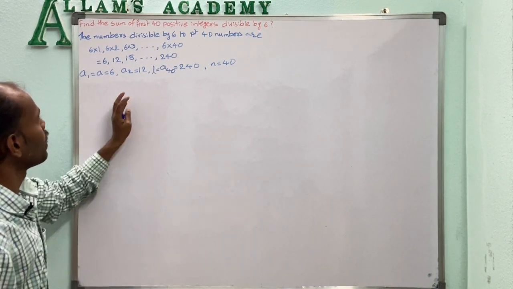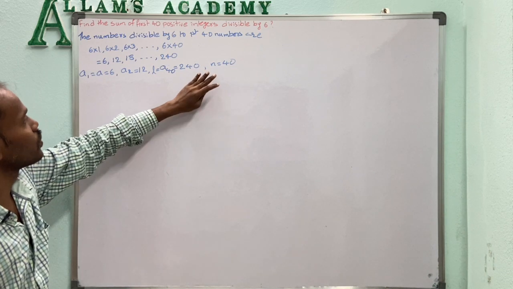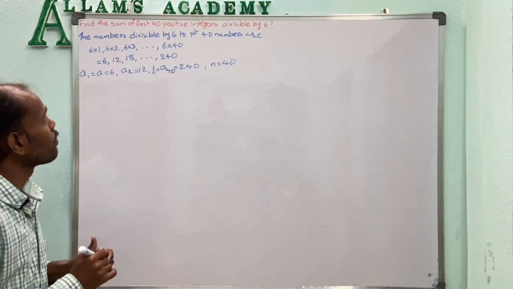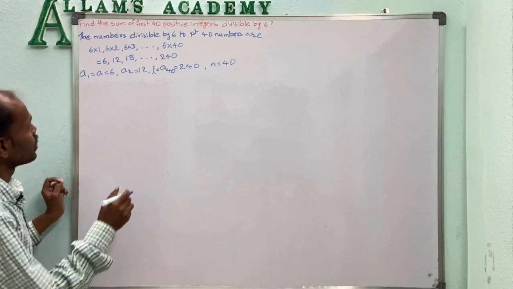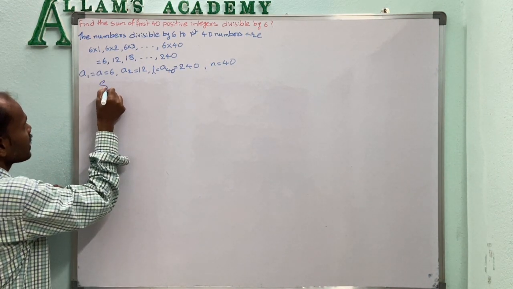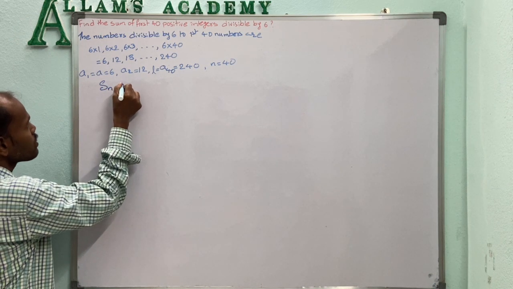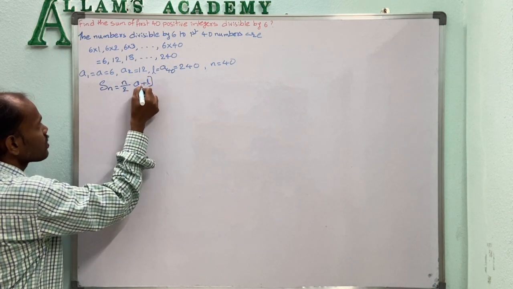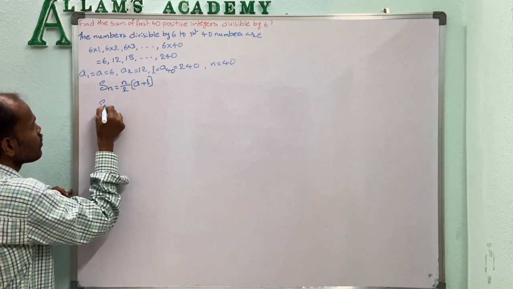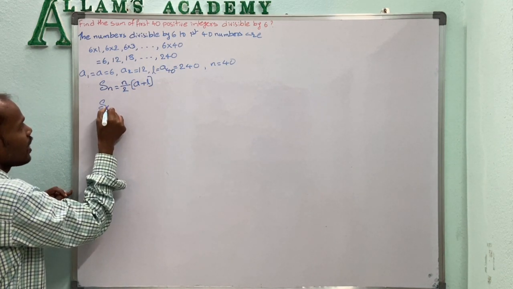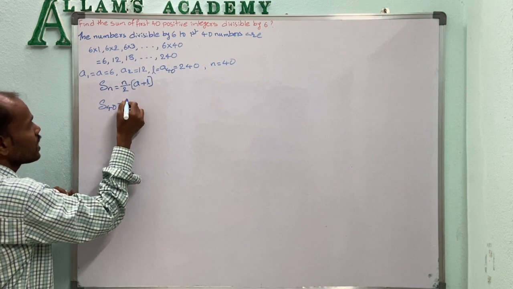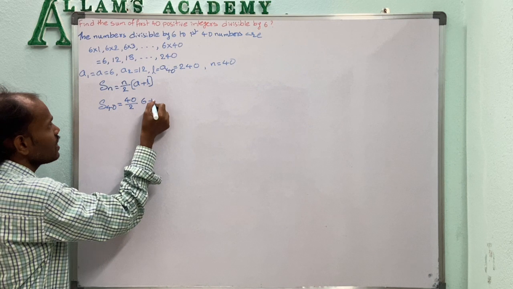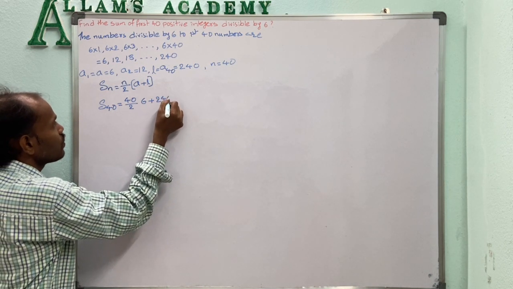Now here the number of terms n equal to 40 is given. So now the sum of the first 40 integers divisible by 6 is asked. So Sn is equal to n by 2 into a plus l, with the first term and last term given. Here n value is 40, so S40 equals 40 by 2 into a value 6 plus L value 240.